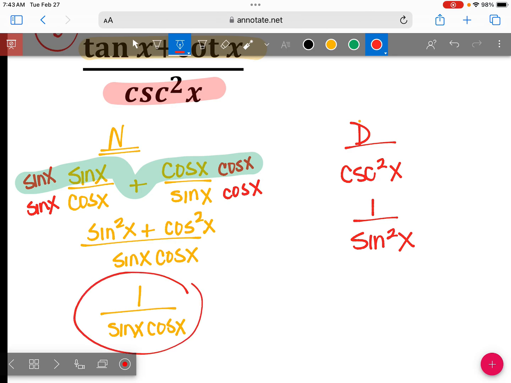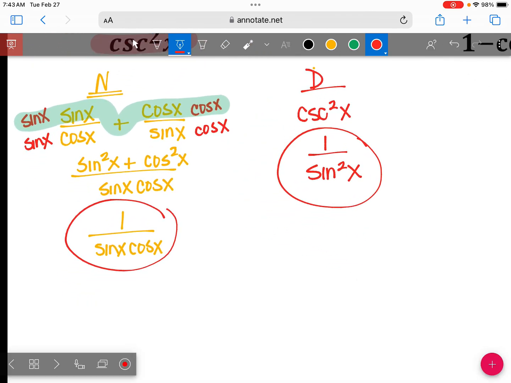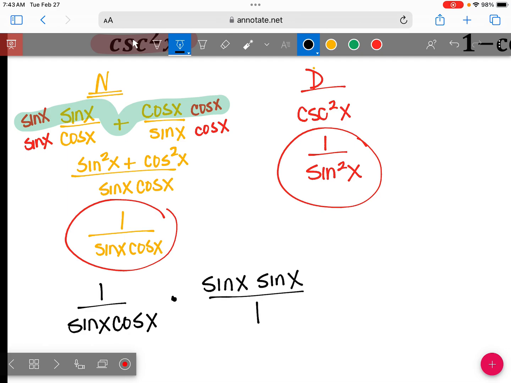I'm going to do a keep, change, flip with these two fractions. So I'm going to keep the 1 over sine cosine and change and flip. Now, instead of writing it as sine squared, I'm going to break it apart because I want you all to see what's going to cancel. I'm going to break it apart as sine times sine, because sine times sine is the same as sine squared.